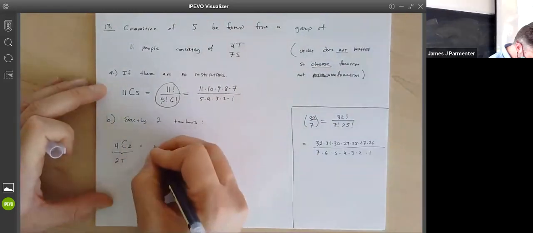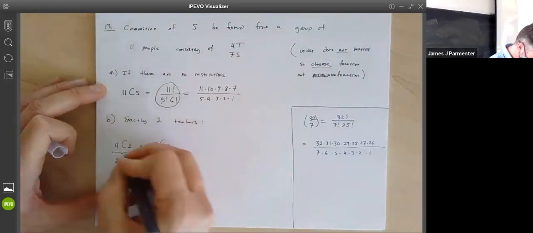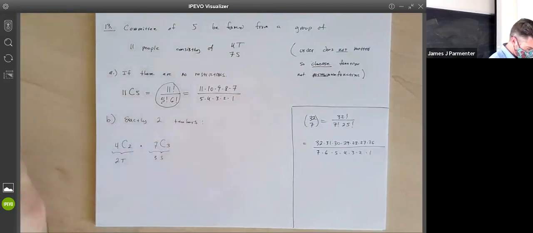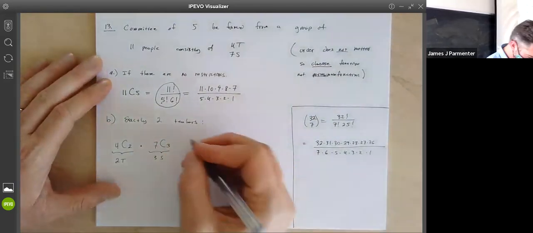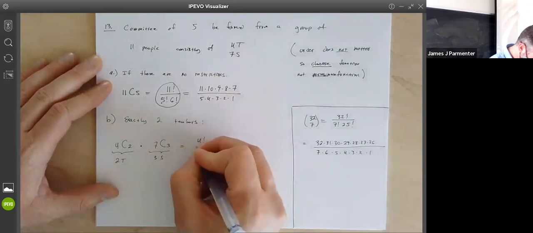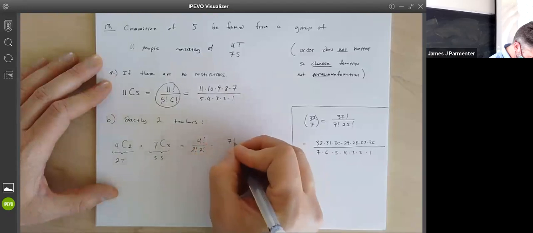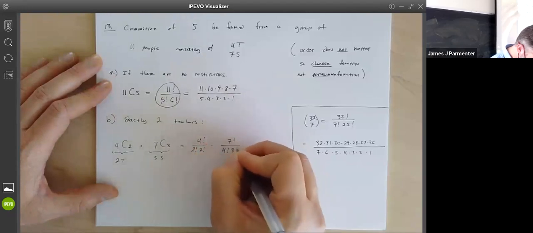So we're going to multiply that by 7 choose 3. Which is 4 factorial over 2 factorial times 2 factorial times 7 factorial over 4 factorial times 3 factorial.